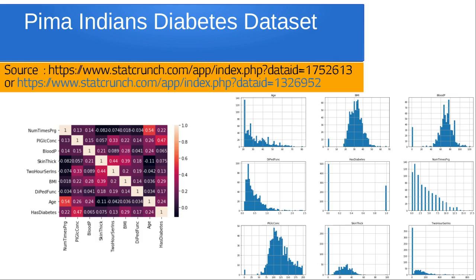The baseline performance of predicting the most prevalent class is a classification accuracy of approximately 65%.